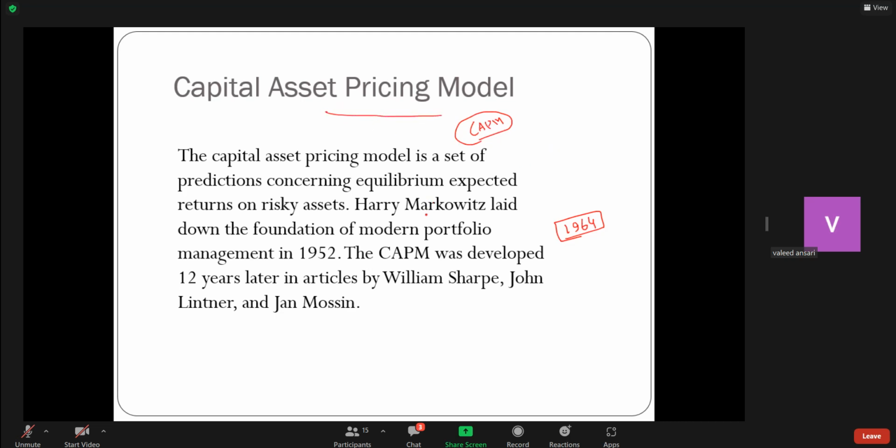And the foundation is provided by Markowitz, and there are other people also who are credited with the development, but William Sharpe is the most famous person who is credited, and he received the Nobel Prize in economics way back in 1990, along with Merton Miller and Harry Markowitz also.